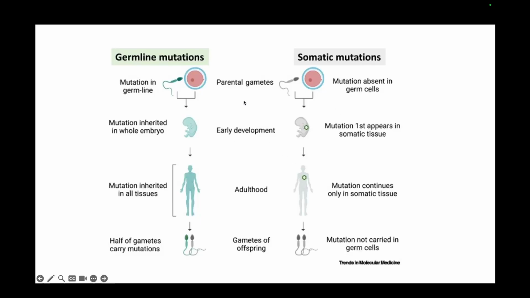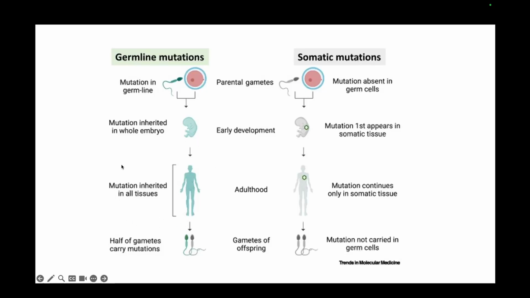So in germline mutations, the mutation is inherited in the whole embryo, and as a result, this mutation is inherited in all tissues of the grown human being, because all the cells will be originating from the zygote, which will come from the sperm and the gamete. And if either your sperm or gamete is mutated somehow, that mutation will be propagated into all the cells of your body.